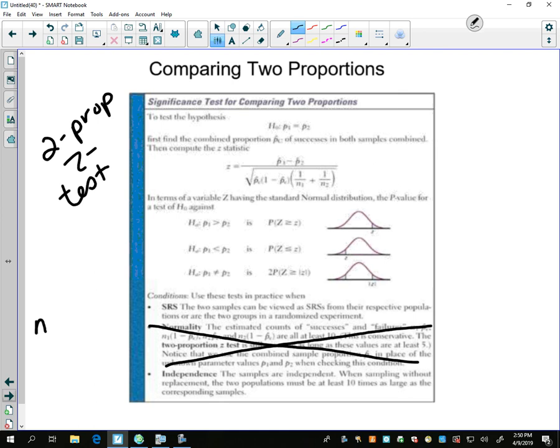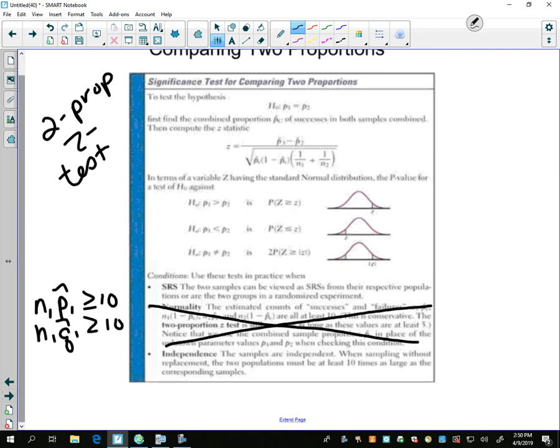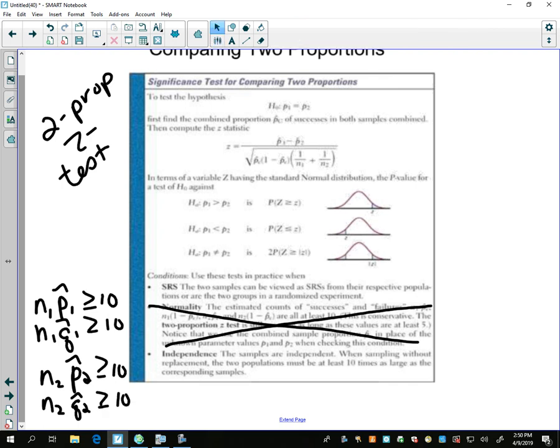So they're checking N1 p hat 1 is greater than or equal to 10, N1 q hat 1 is greater than or equal to 10, and then again for the second sample, N2 p hat 2 is greater than or equal to 10, and N2 q hat 2 is greater than or equal to 10. Okay, now independence. The samples are independent when sampling without replacement.